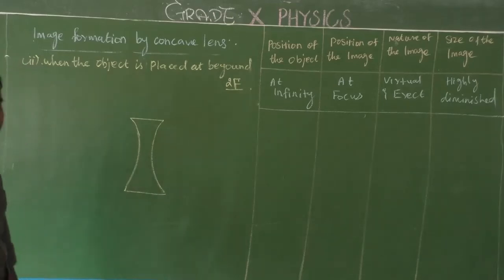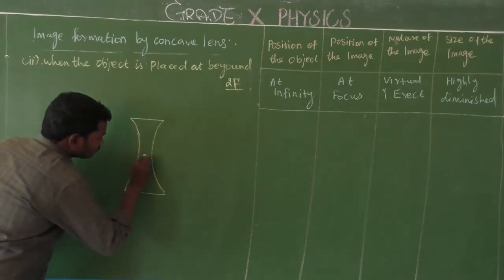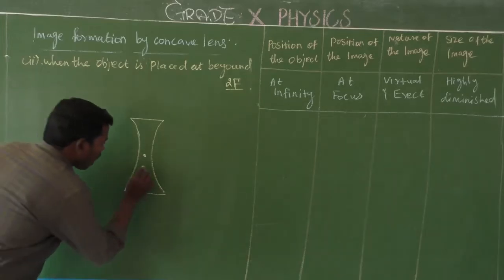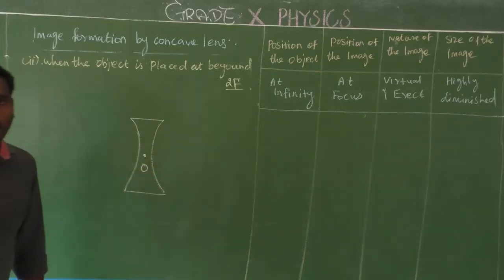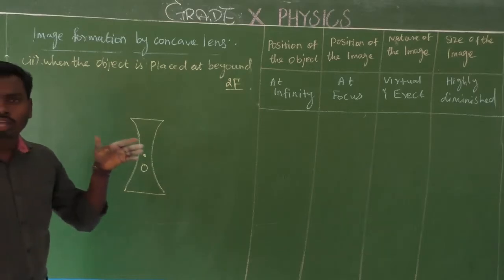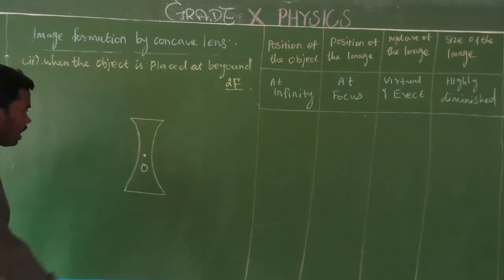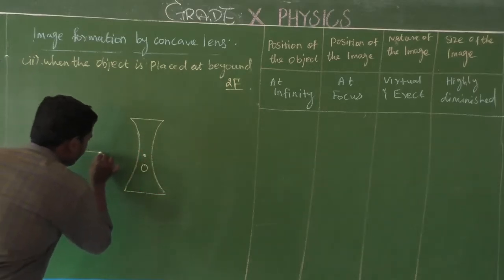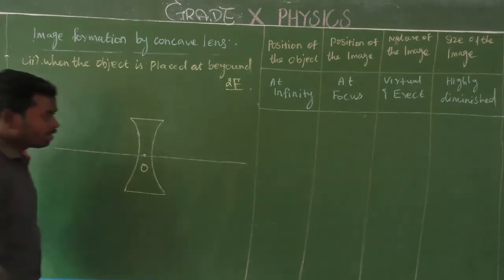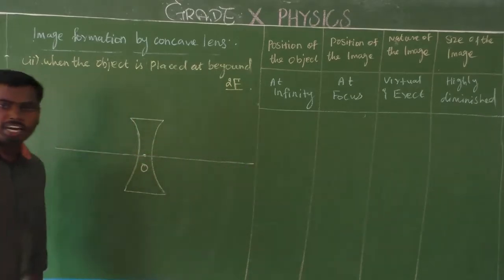The center point of a concave lens is the optical center. The optical center is denoted by the capital letter O. Next, an imaginary line which passes through the optical center is the principal axis. Am I right? Yes. That is the principal axis.